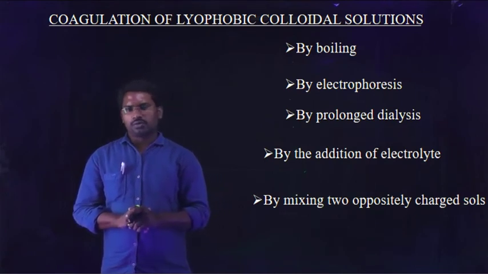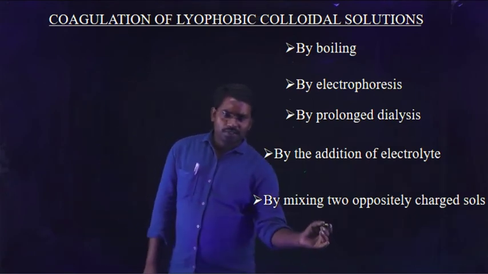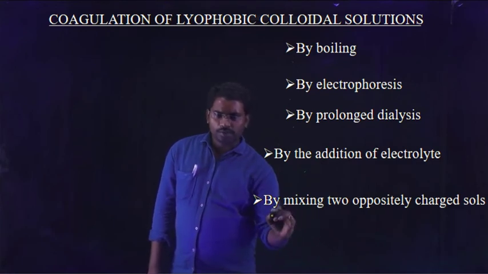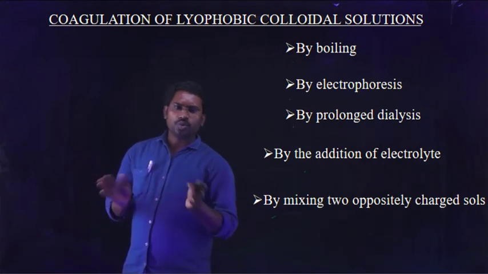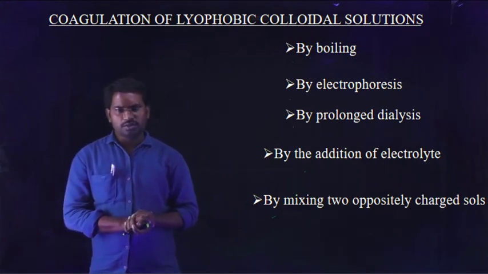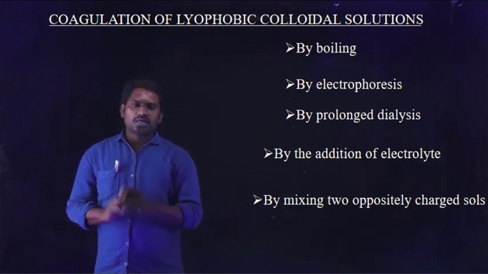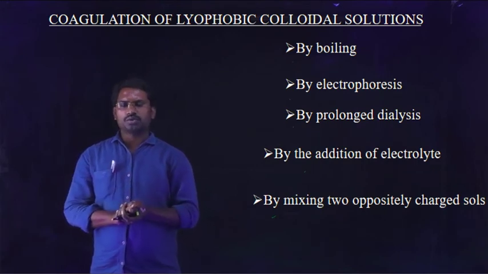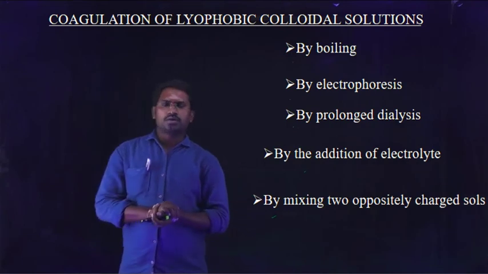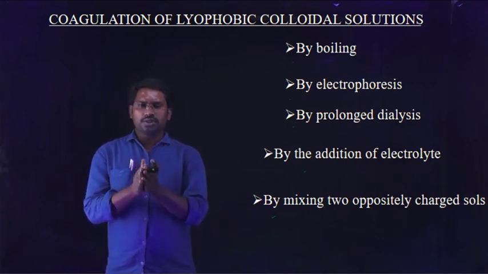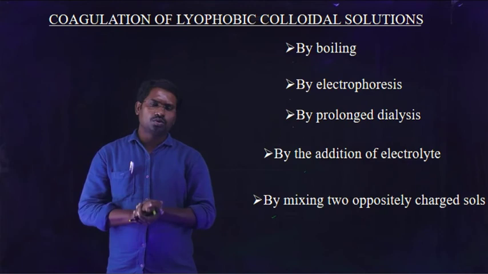And finally, by mixing two oppositely charged sols. For example, arsenic sulfide is a negatively charged colloidal solution, and ferric hydroxide is a positively charged colloidal solution. By mixing oppositely charged sols, they undergo coagulation.